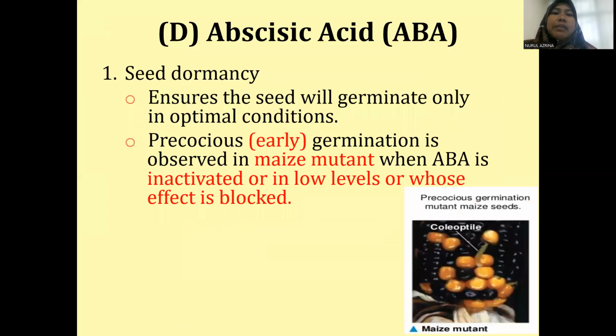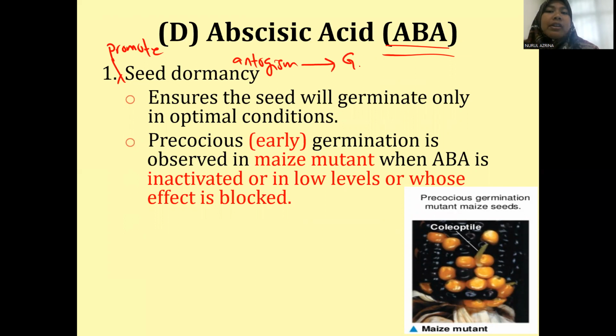Okay, next we go to the function of abscisic acid, or we use ABA. All right, so the function of abscisic acid is to promote seed dormancy. This function is antagonism to the function of gibberellin. Abscisic acid will ensure the seed germinates in optimal condition.